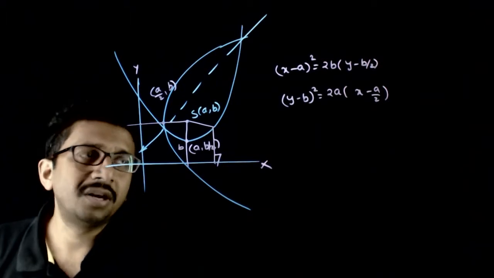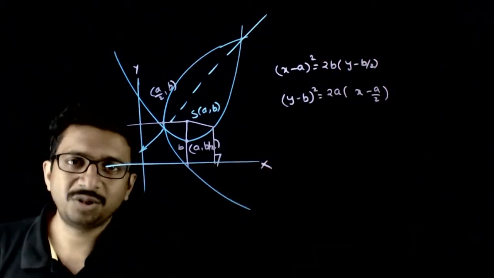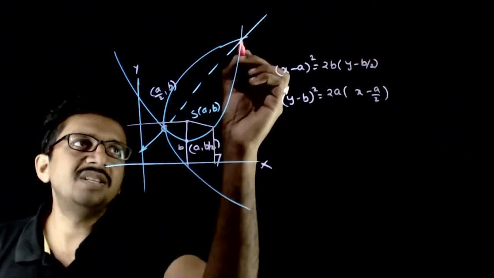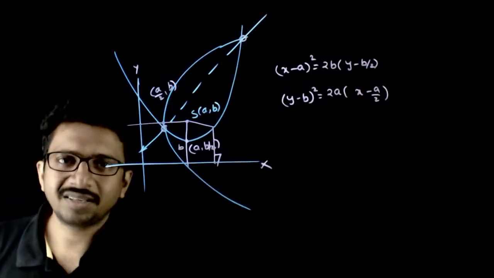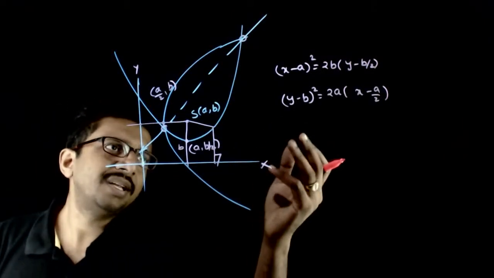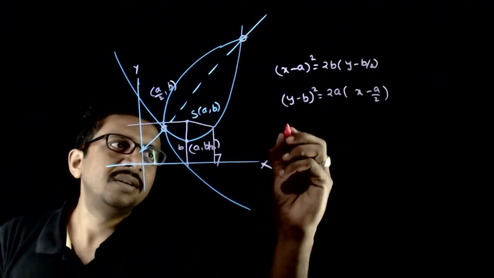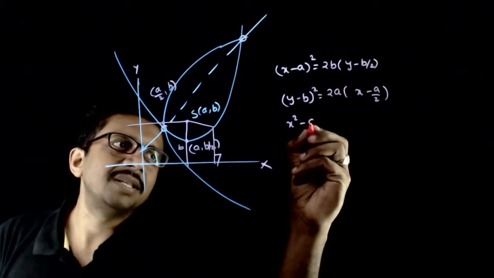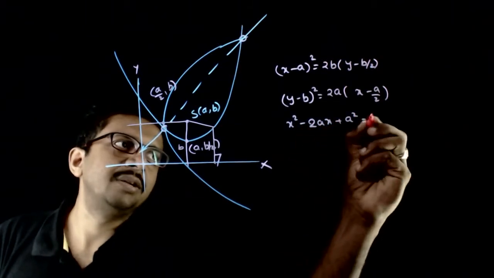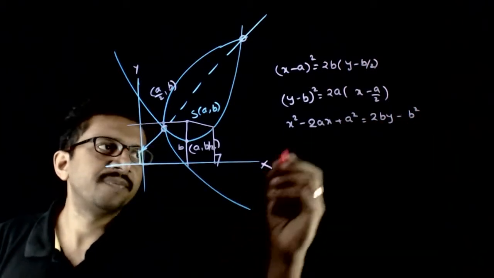So what is the common chord for these two parabolas? Effectively we need to get these points and get this line. So how do we do this? To do that, let us first expand this and see how the equations look. So x squared minus 2ax plus a squared is equal to 2by minus b squared.